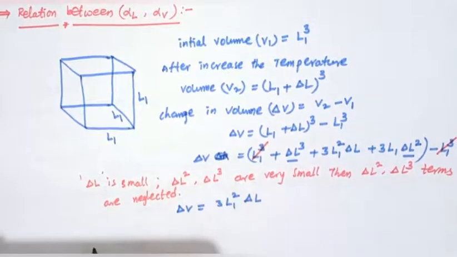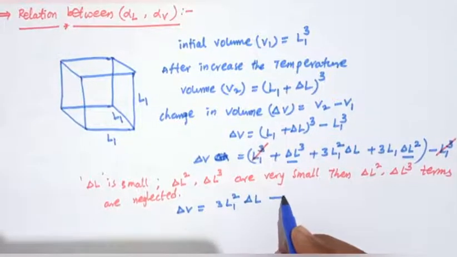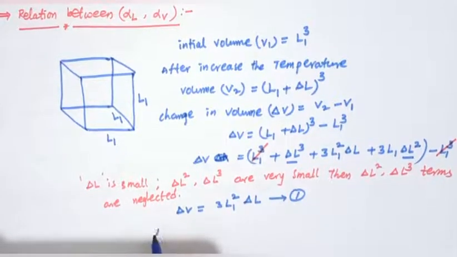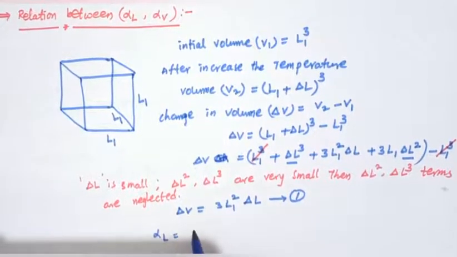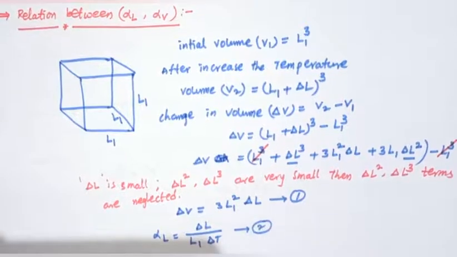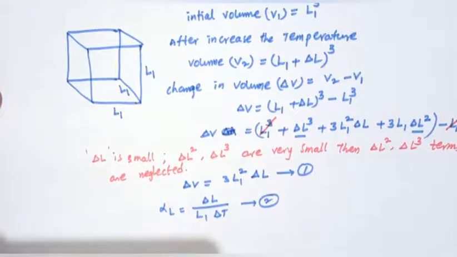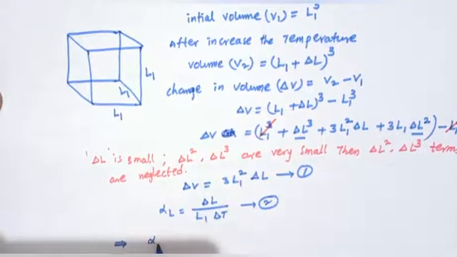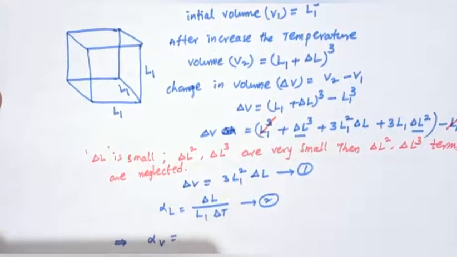So this is equation number 1: alpha L equals delta L by L1 into delta T. What is alpha V?